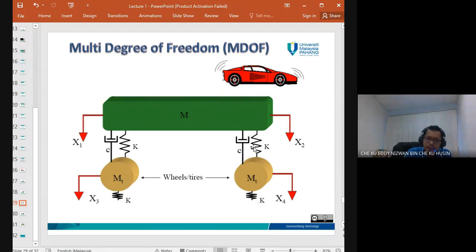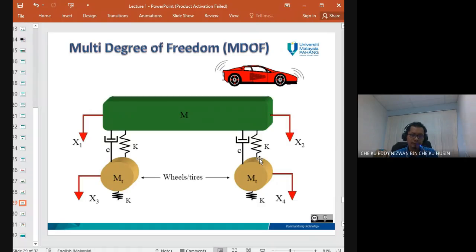It is the way you design the suspension system to ensure that even when the tire has high deflection, the amount of force transmitted from the tire is minimal. That can give comfort to the driver or the passenger of the car.